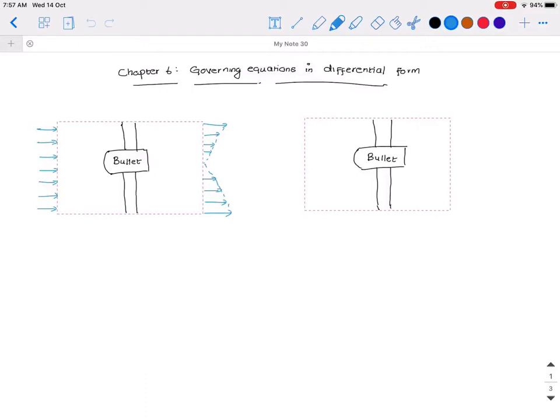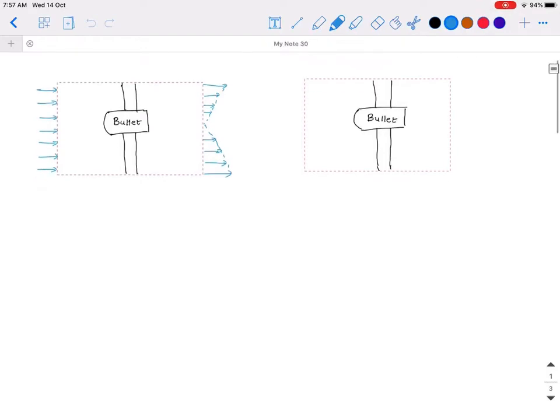Let us say, for example, that we want to consider flow over the bullet as we have shown here. If we are considering this problem using integral formulation, what we do is we make a model of a bullet, fix it in a wind tunnel that we discussed in the previous chapter, and make measurements of velocity and pressure field on the boundary of the control surfaces, as we have shown here.